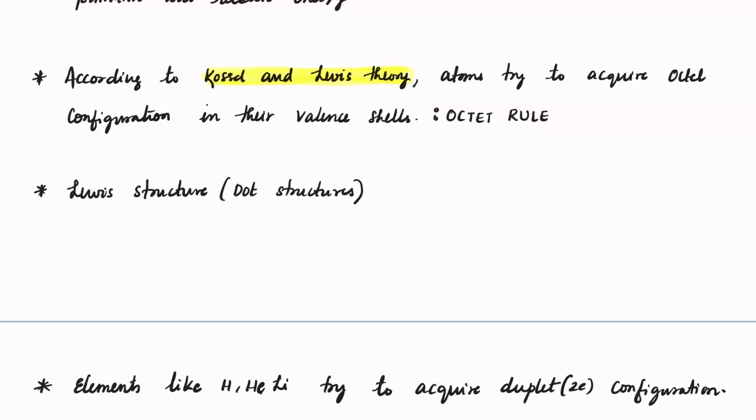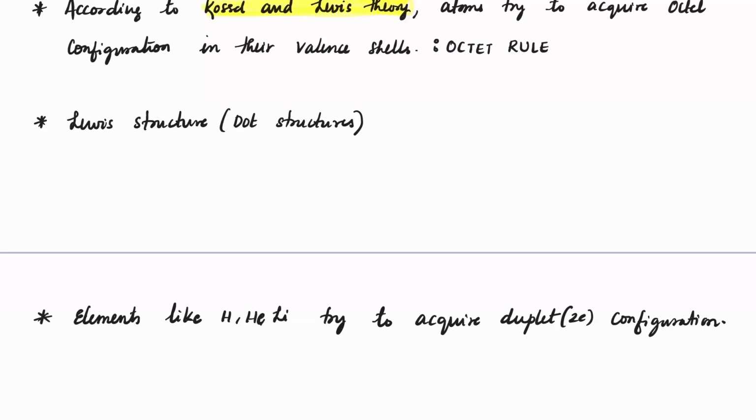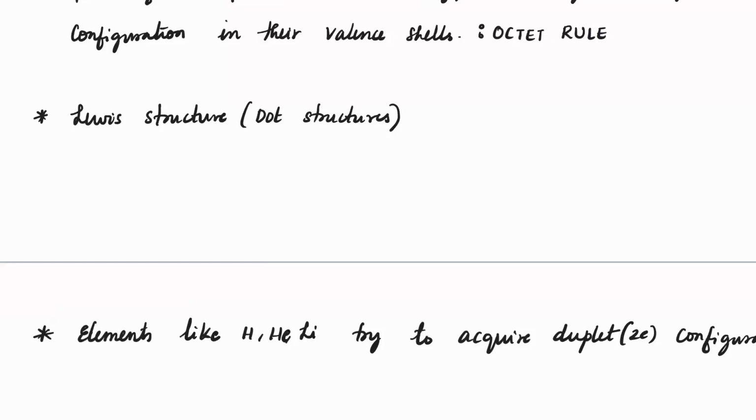To theoretically show how the octet is actually forming, you have to go through Lewis structures or Lewis dot structures. Lewis dot structures show how many electrons in the valence shell every atom would have.